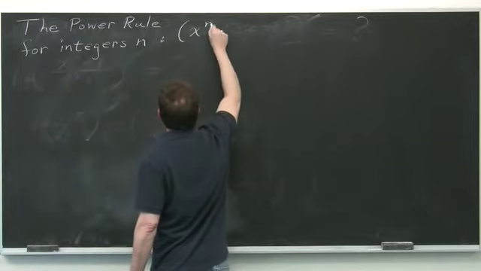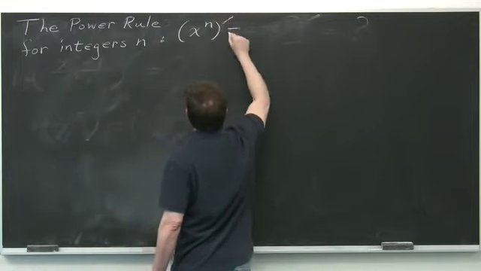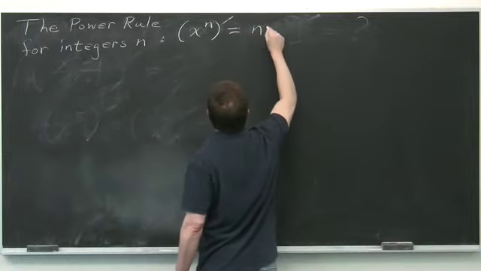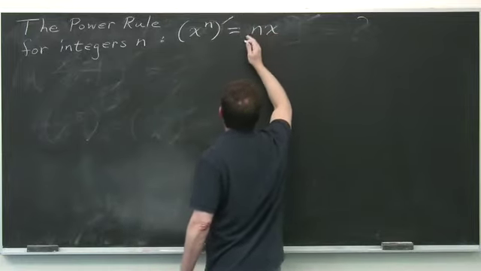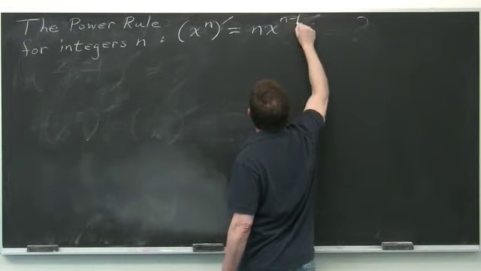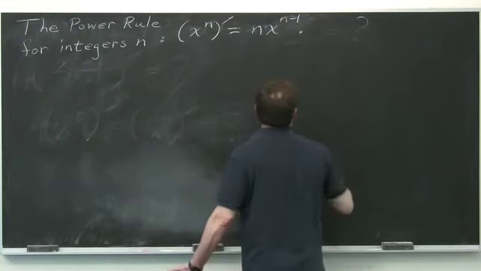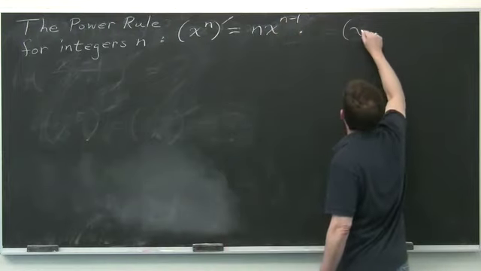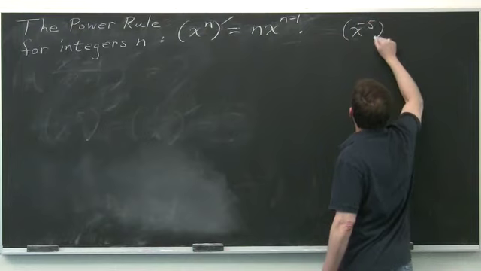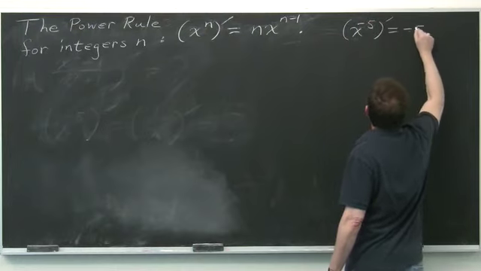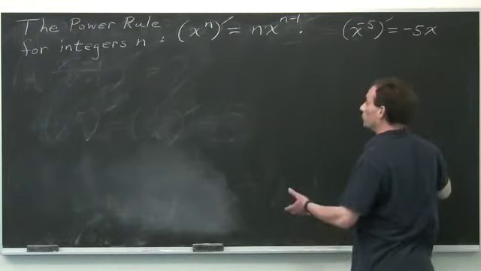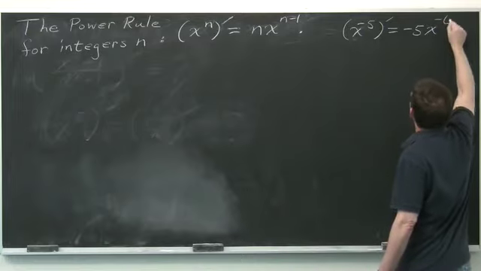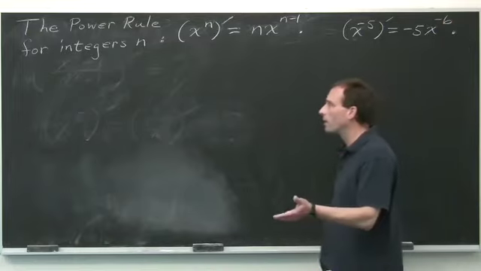It says exactly the same thing. It's just that now n gets to be a negative number. You bring the exponent down as multiplication and you subtract 1 from the exponent. So, for example, the derivative of x to the minus 5 would be minus 5 times x to the minus 6.